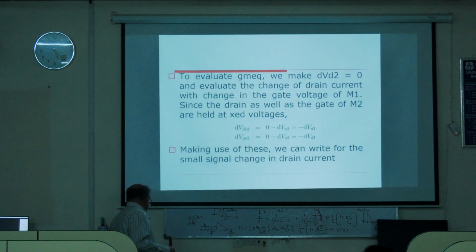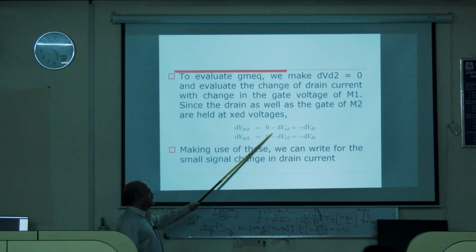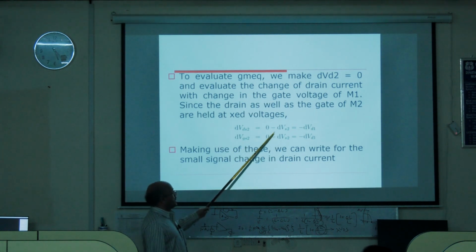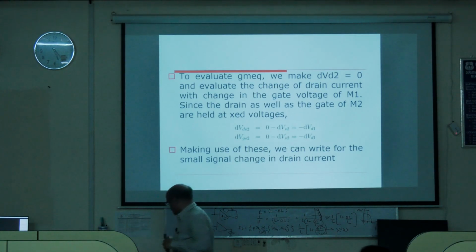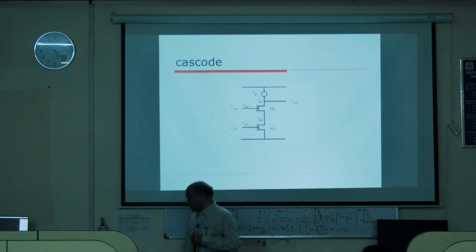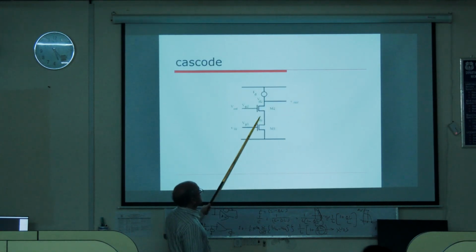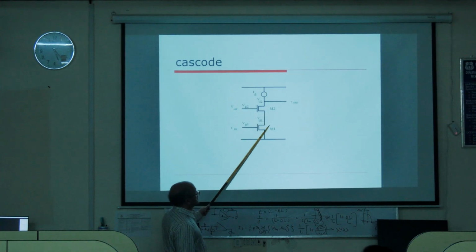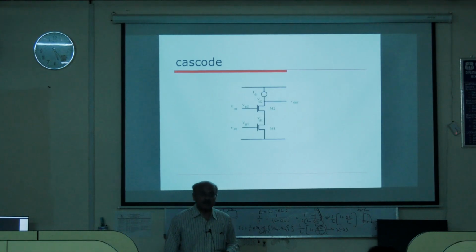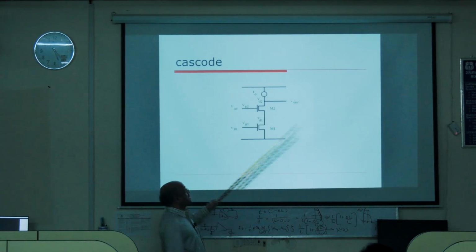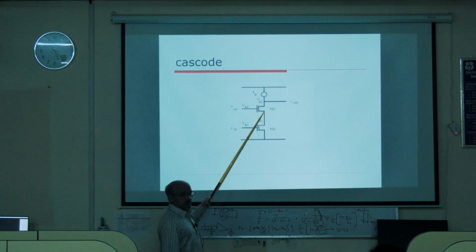Therefore, I can now write dVds2 is equal to dVd2 minus dVs2. I know that the source of this transistor is the same as the drain of this transistor. So Vs2 is equal to Vd1. Am I right or not? This is transistor M2.